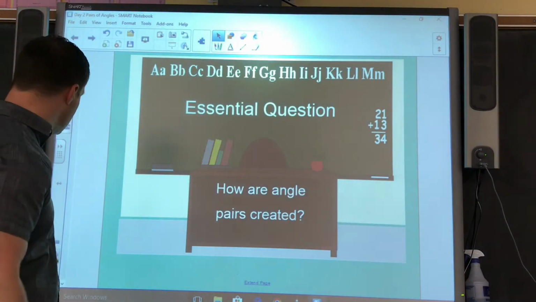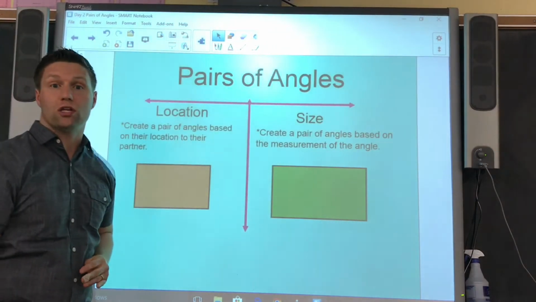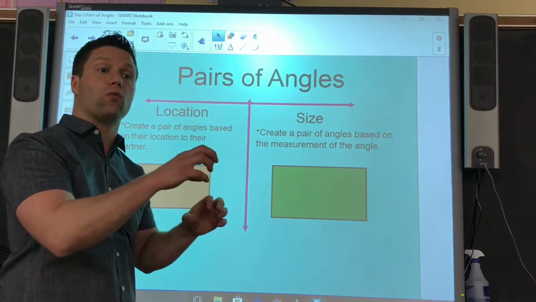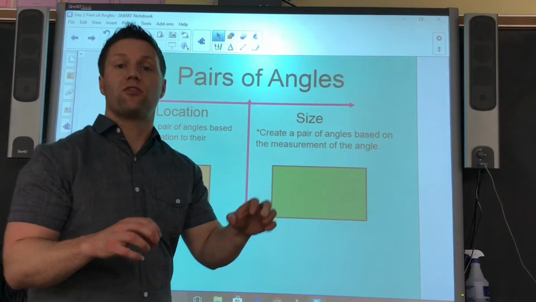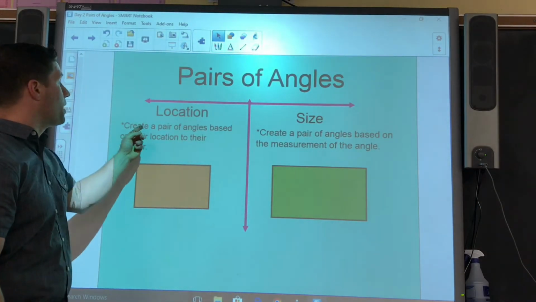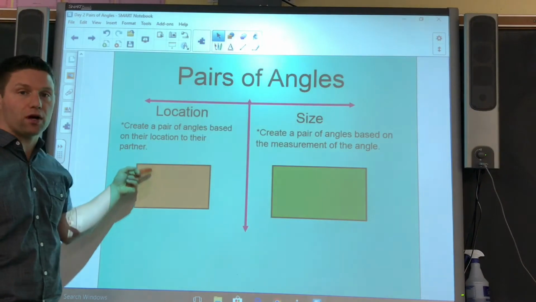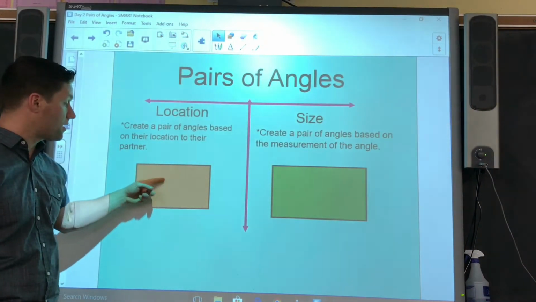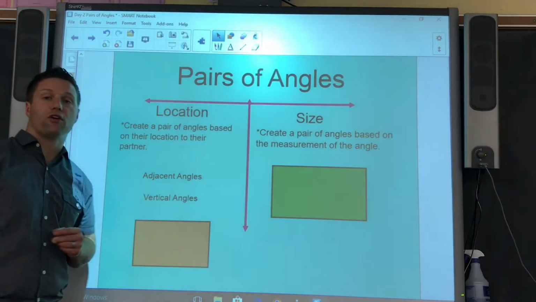There's two ways to do that. You can create a pair of angles based on how and where they are located relative to their partner, like adjacent angles or vertical angles.